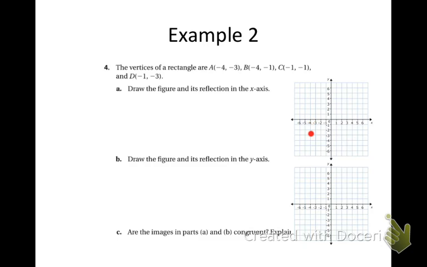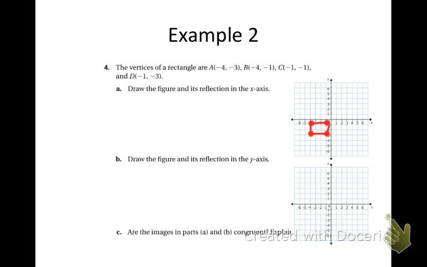It's really hard to get this on this very tiny coordinate plane. C is -1, -1. And D is -1, -3. So I have a rectangle.